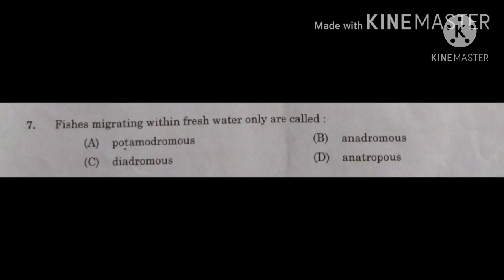Within the ovule, you can see the female gametophyte of angiosperm, namely the embryo sac. But in the case of gymnosperm, the female gametophyte is not the embryo sac, it is the endosperm. Okay, so the correct option for this question is option A, Potamodromous.